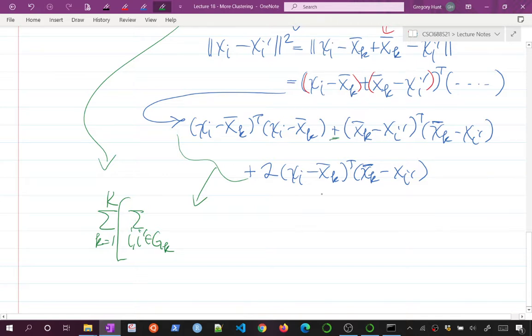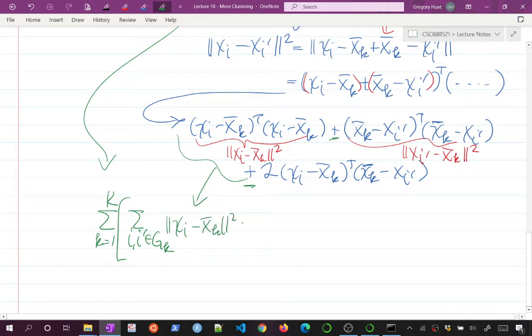The first term here is, of course, the norm of xi minus x bar, squared. And the second term here is xi prime minus x bar, squared.